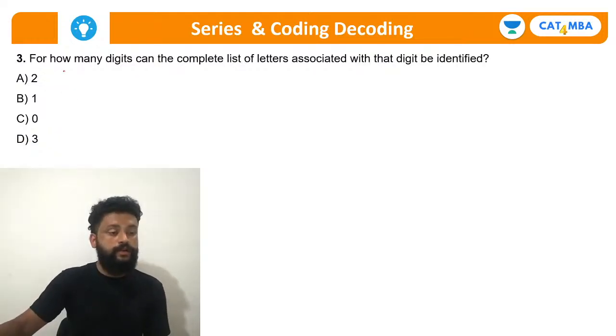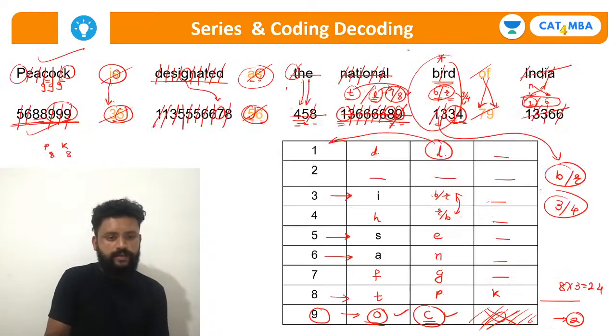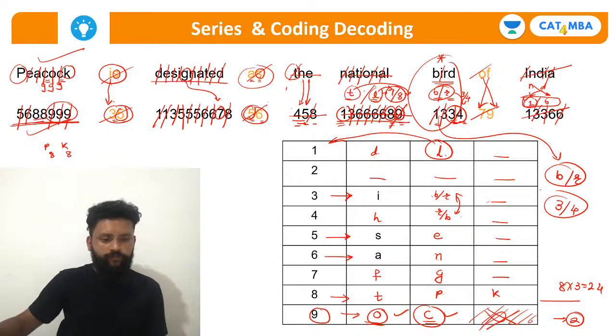The second, third one is, for how many digits is the complete list of the letters associated with it known? We know 8 is T, P, K. At the same time we know 9 is O and C. This is the complete list because 9 is used for only 2 letters.